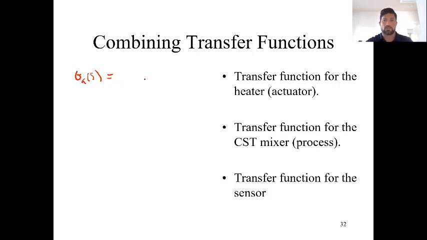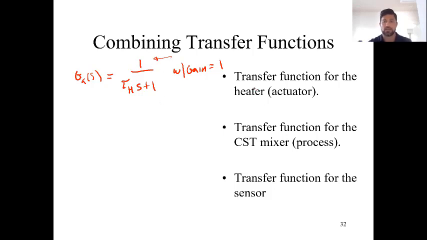If I have a first order actuator, like a flow actuator or a flow process, I know that the transfer function for a first order process is going to look like this: 1 over tau_h s plus 1. The reason why is this is the standard form for the transfer function for a first order process with a gain equal to 1. So the gain is going to show up in the numerator. This right here is the gain.